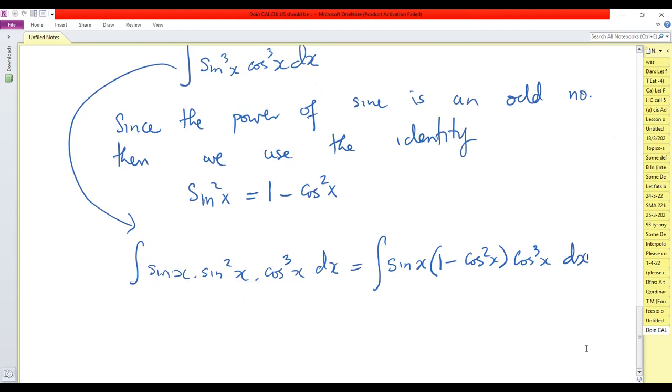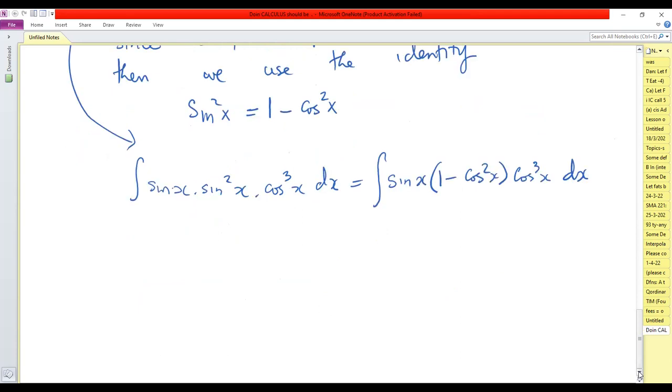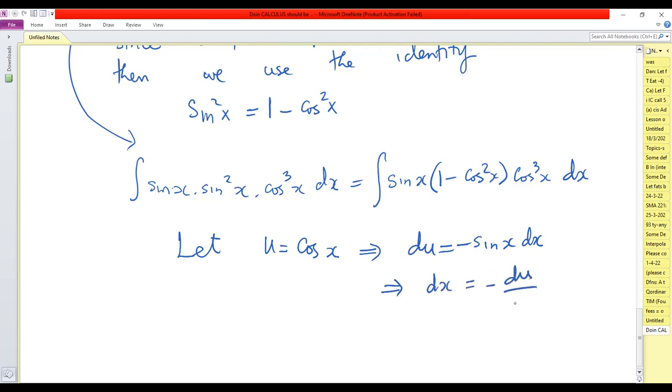And once we have that, then we let u be cosine of x. So which means that du is given by the derivative of cosine, which is negative sine x dx, which means dx alone will be given by negative du over sine of x.